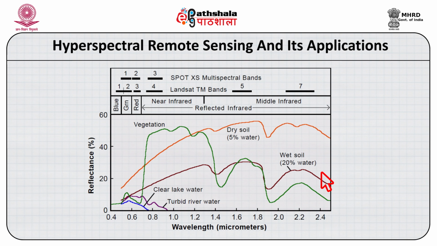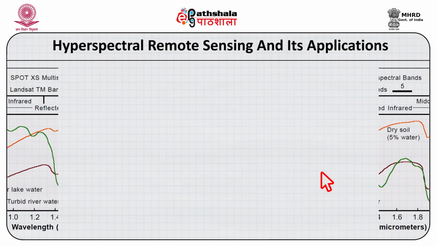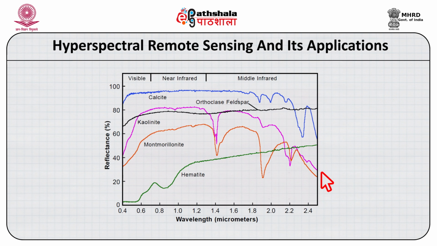If we see the next figure, figure 6, it is a very fine example of geological applications. As I said before, hyperspectral data is widely used in geological studies, mineral separation, mineral identification and rock type identification.